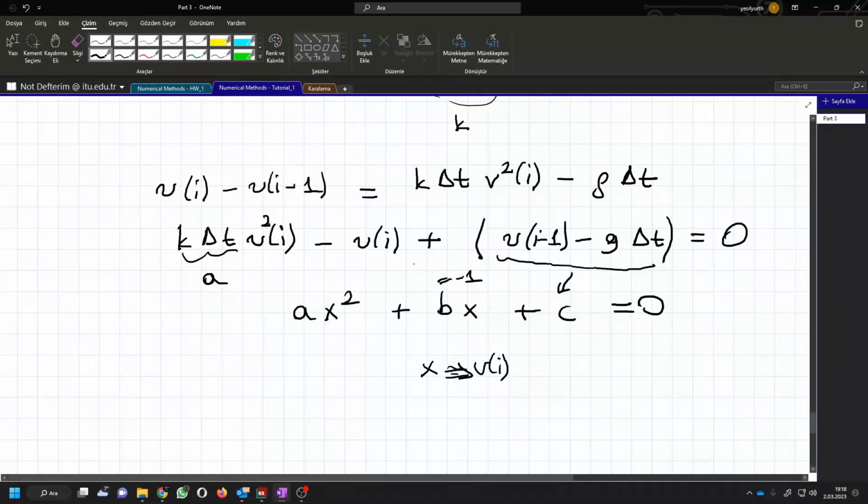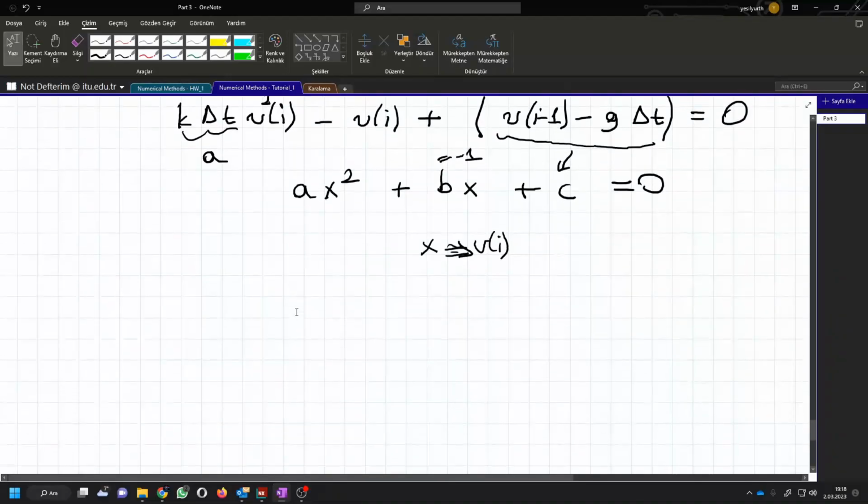This equation might not always be a polynomial function like in our particular problem. So in general we have to use numerical root finding methods such as Newton-Raphson, which is an iterative method, by the way. So what can we say?